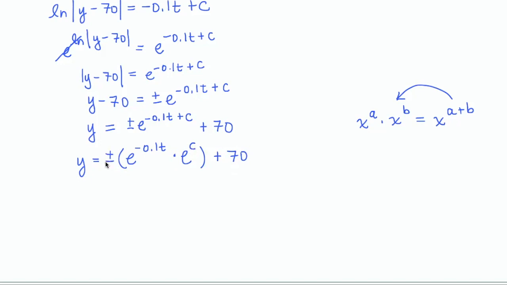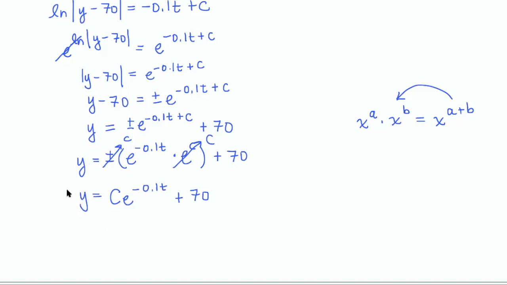And putting on a plus or minus also is still just a constant. So I'm going to turn all of this just into a single capital C times e to the negative 0.1 t, plus 70.